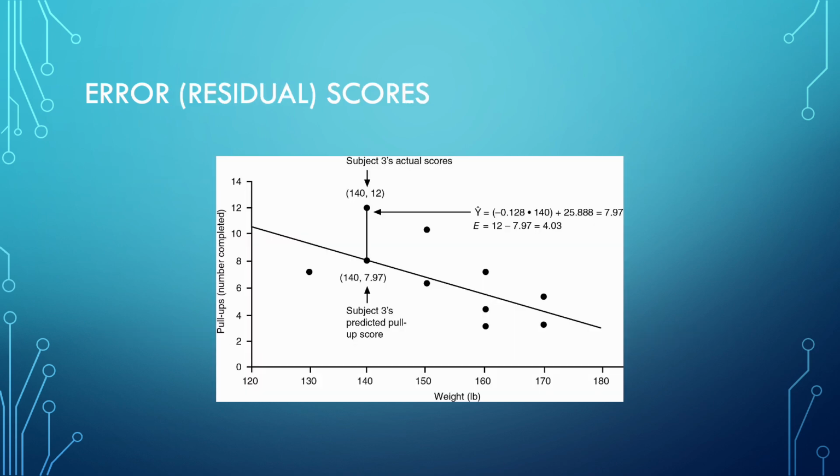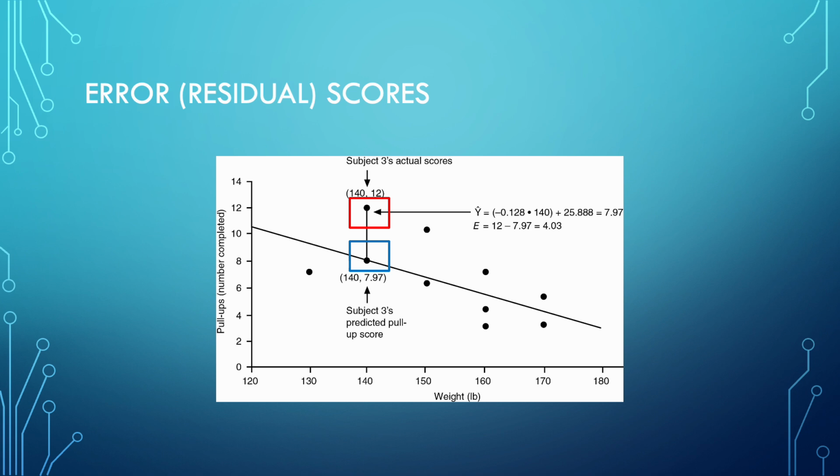So here's a visual representation of the error that we were talking about on the previous slide. This is figure 4.10 in your book. If we first look at this red box, this data point is what the subject actually got. We're looking at pull-up scores. They were able to do 12 pull-ups, and their weight, which is on the x-axis, is 140 pounds. This blue dot is their predicted score.